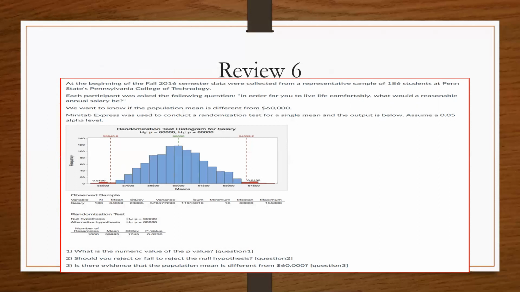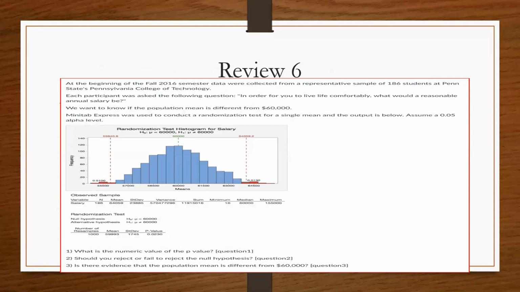You want to know if the population mean is different from 60,000. So they used Minitab Express to create a randomized test for the single median outputs below. Assume a 0.05 alpha level. They give you all this information, so you just have to pick out the stuff that's going to answer the question.